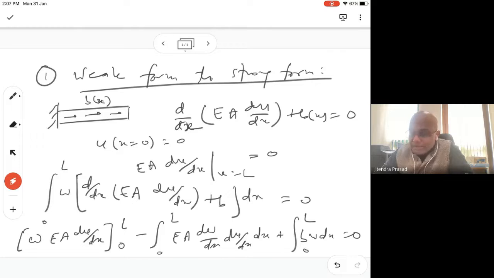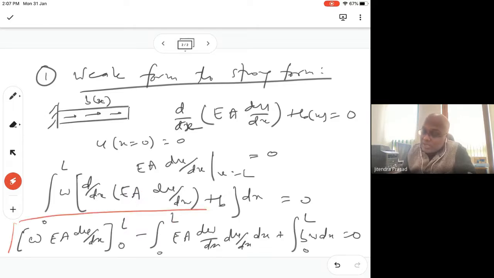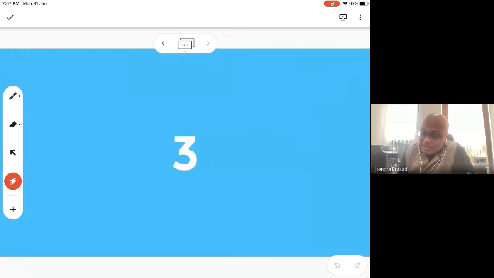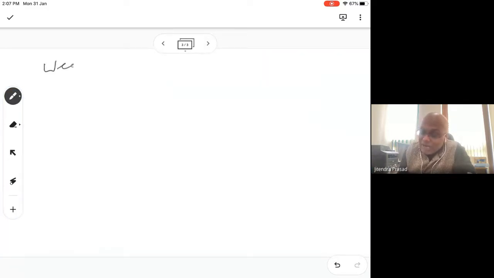Now, if you are given this weak formulation, can you get the same thing? Let us start from the weak form and go to the strong formulation.